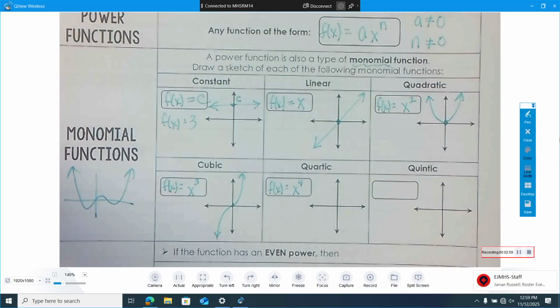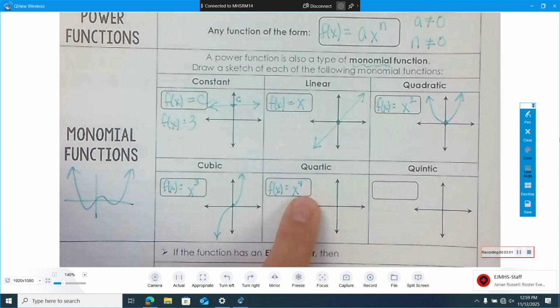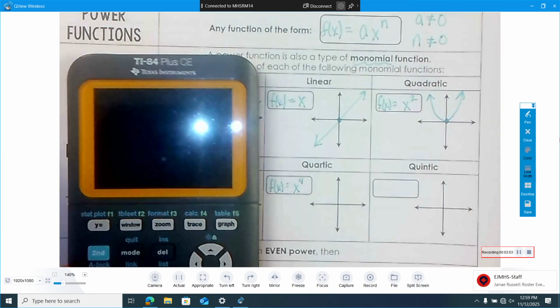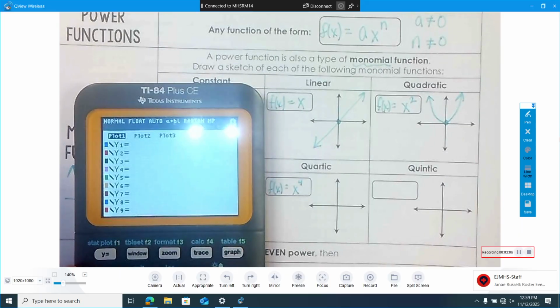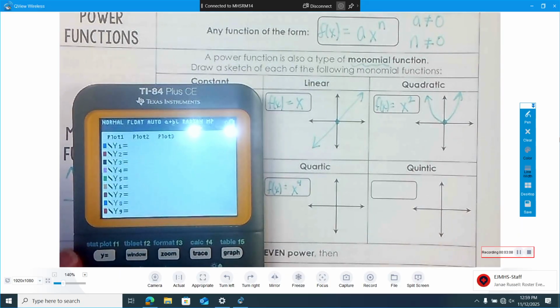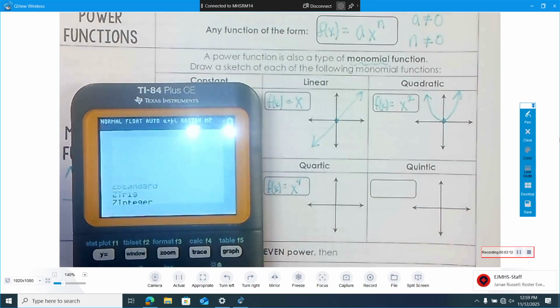But the plain Jane x to the 4th, if we are unsure, we can check. There it is. It actually looks like the quadratic, except it's sort of flatter on the bottom.